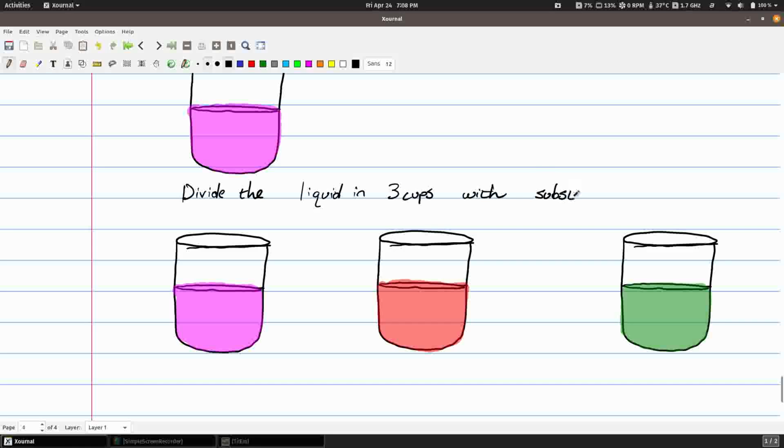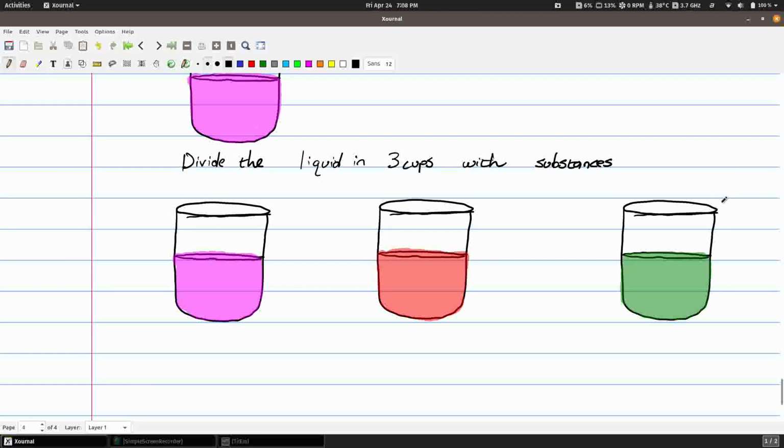You could use vinegar. Don't use any crazy household cleaners or anything, but you could use baking soda. Baking soda and vinegar is pretty easy. Or you can even mix in a little bit of coffee grounds or something like that. It'll change the color. So divide the liquid into separate containers with different substances and observe the color change.